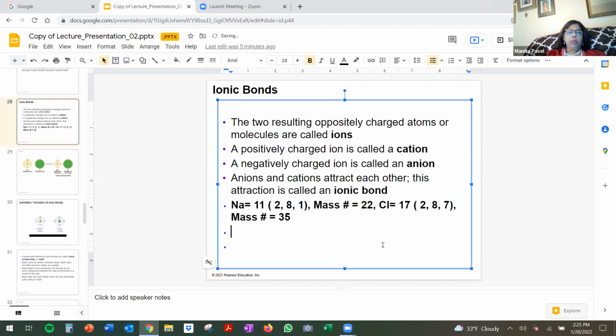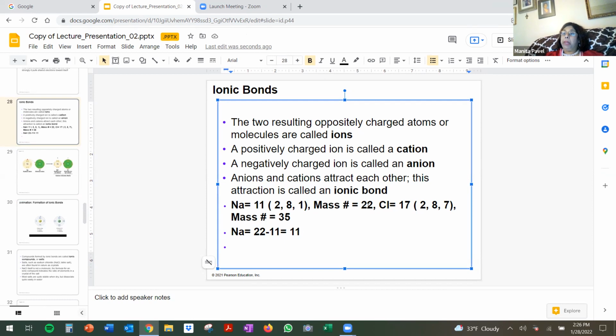If Na is equal to 11 and 22, 11 is proton. So we'll get 22 minus 11 is equal to 11. So you have 11 as the neutron number.